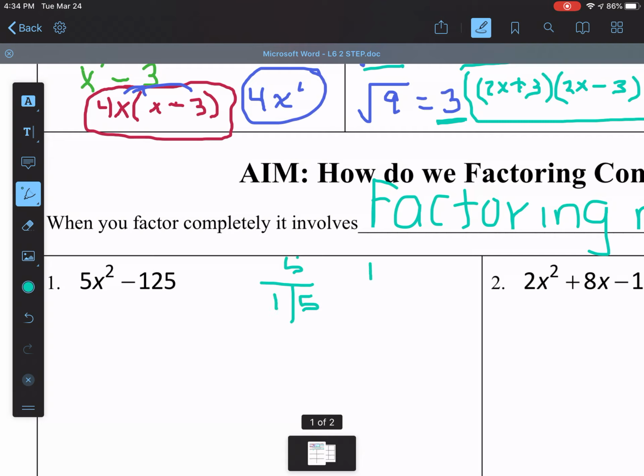And then our factors of 125 are 1 and 125, 5 and 25. And am I missing one? Hang on, I'm thinking. I don't have my calculator with me. I'm pretty sure I'm forgetting one.